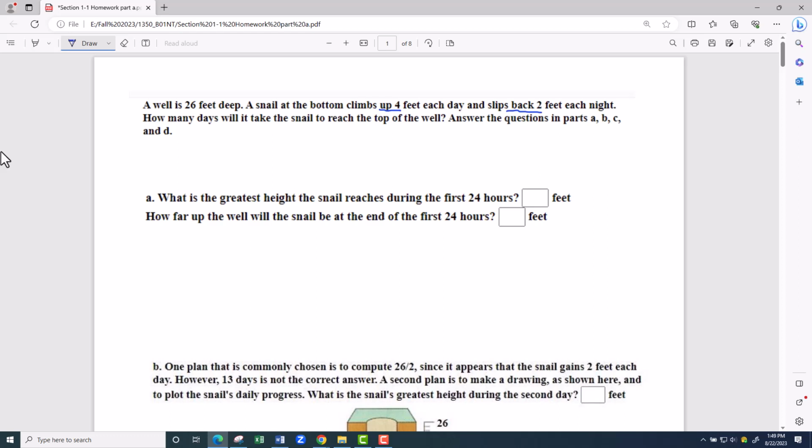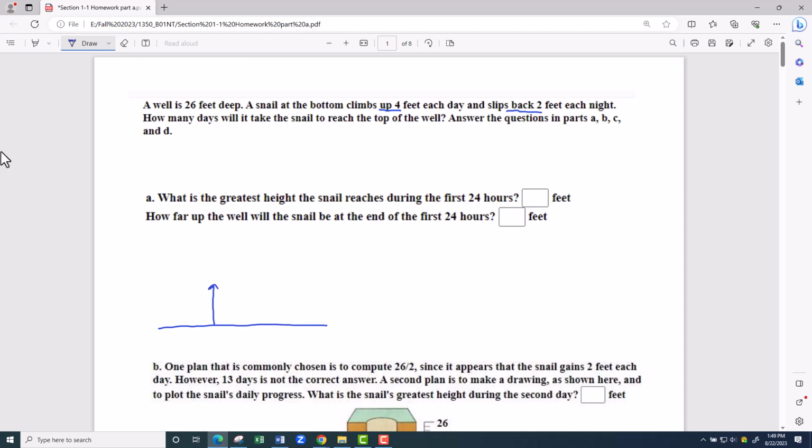Now, we have a couple of different ways of solving this problem, but let's look at each part of this problem. So, what is the greatest height the snail reaches during the first 24 hours? If we think about this, here's the bottom of the well.